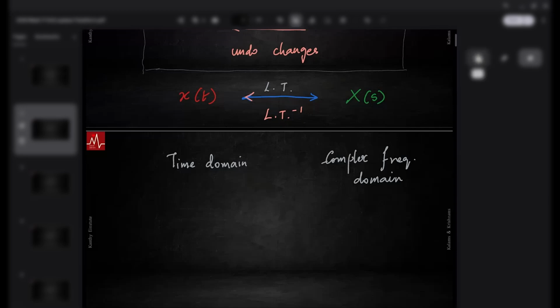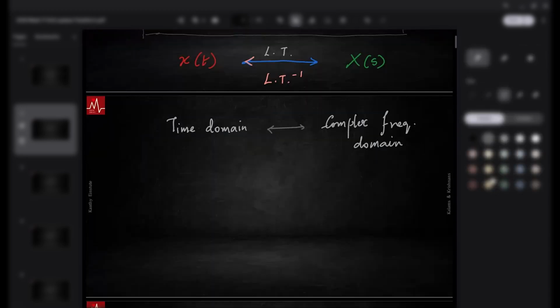And in the process, you get a lot of benefits. One thing being, often you are stuck with differential equations here. Differential equations become algebraic equations.